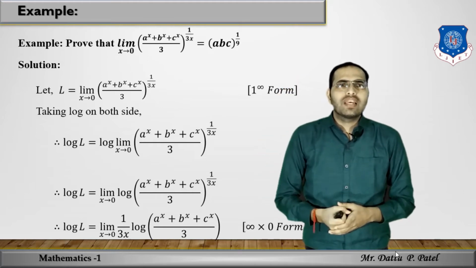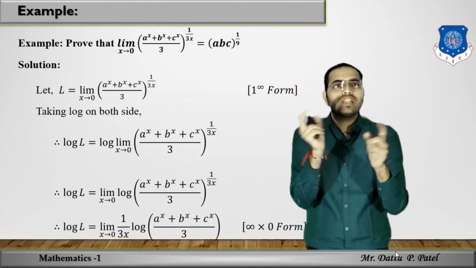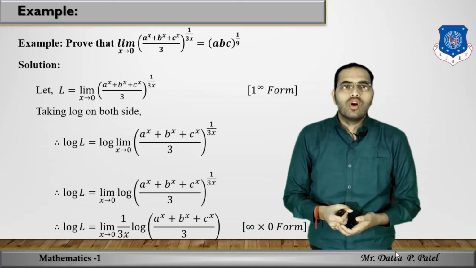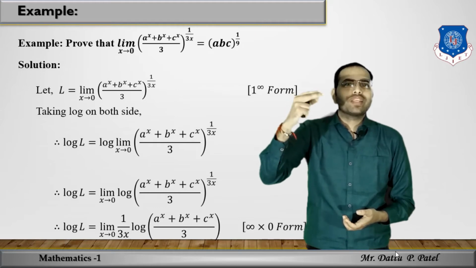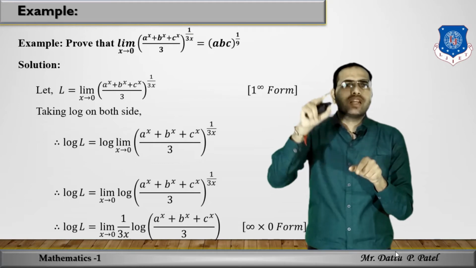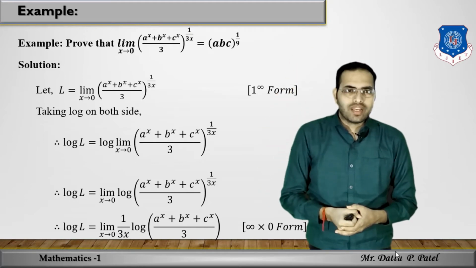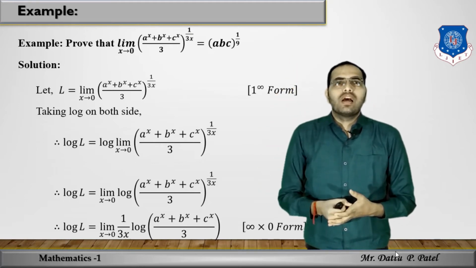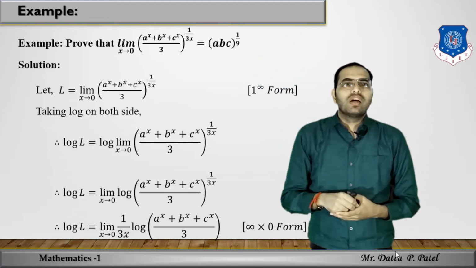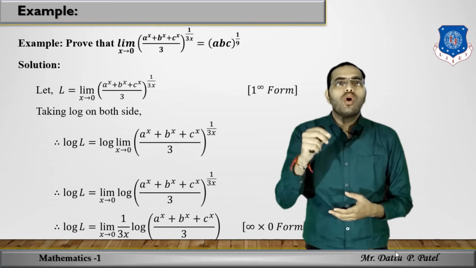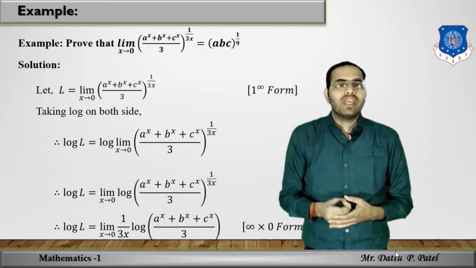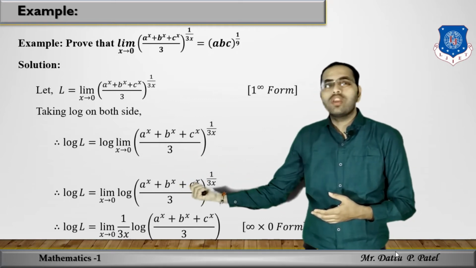Here log is a continuous function, so interchanging the limit and log, it becomes limit x tends to 0, log of a raised to x plus b raised to x plus c raised to x divided by 3, the whole bracket raised to 1 by 3x. Now according to the properties of logarithm, 1 by 3x comes out, so it becomes 1 by 3x into log of a raised to x plus b raised to x plus c raised to x divided by 3, that is our 0 into infinite form.